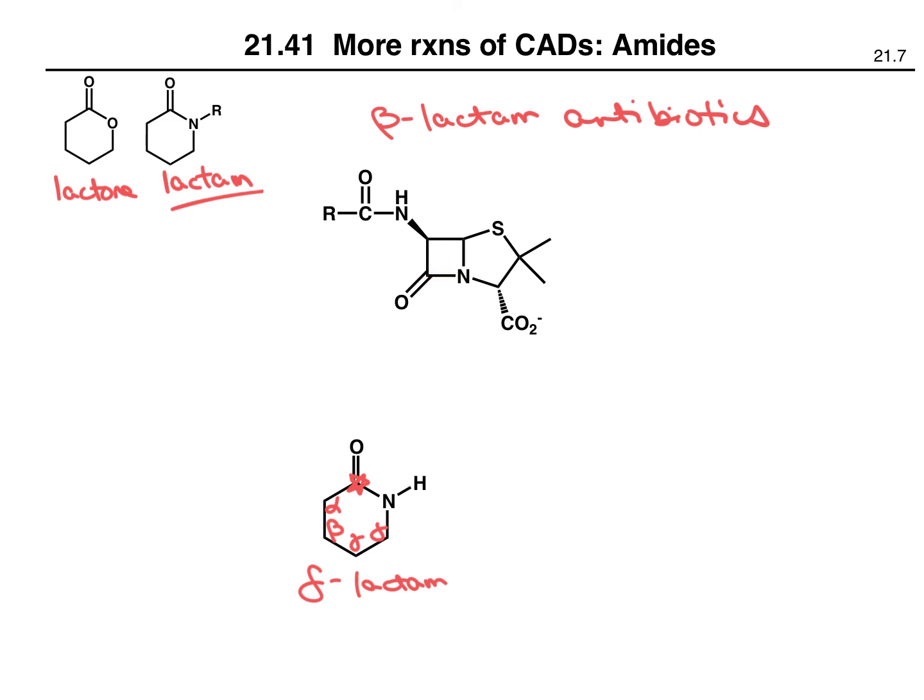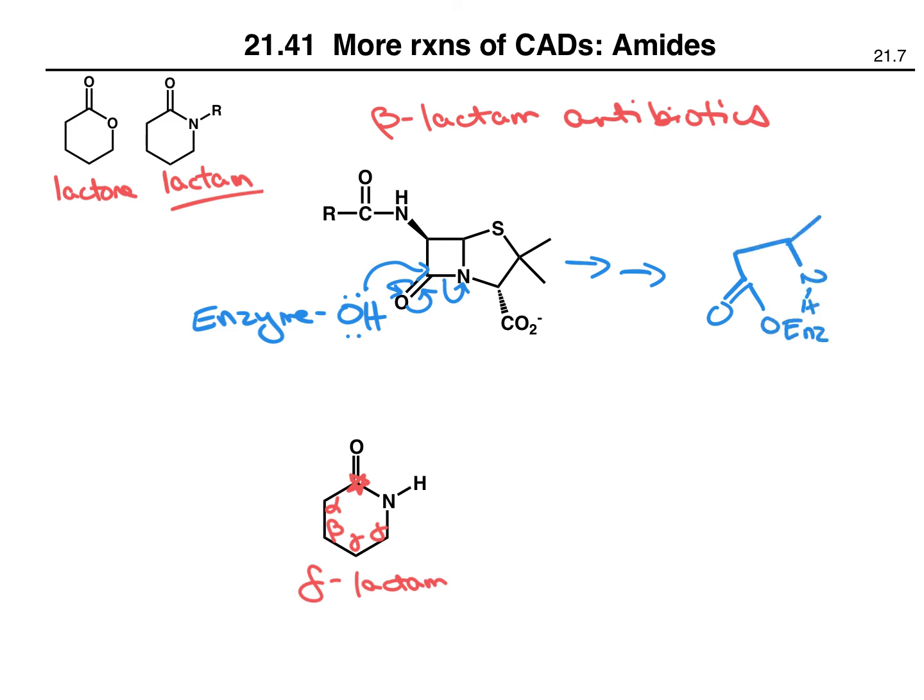So this is important because many of these beta lactam antibiotics can react with an enzyme that is responsible for building cell walls, and this can react here, push up these electrons, come back down, open up the ring, and so it will give you something that looks like this. And up here we still have our regular amide.